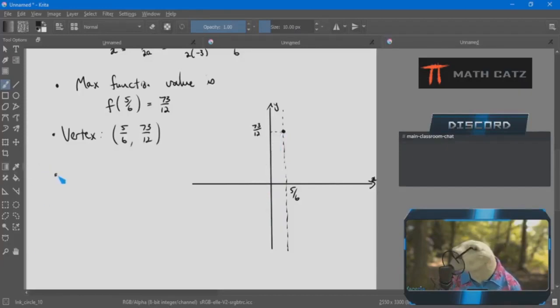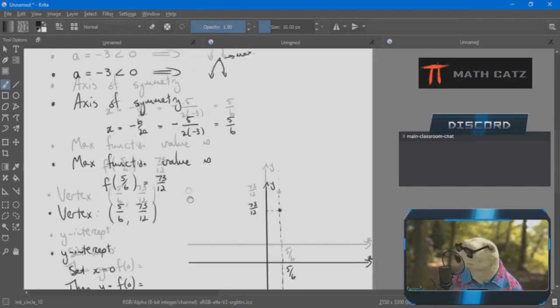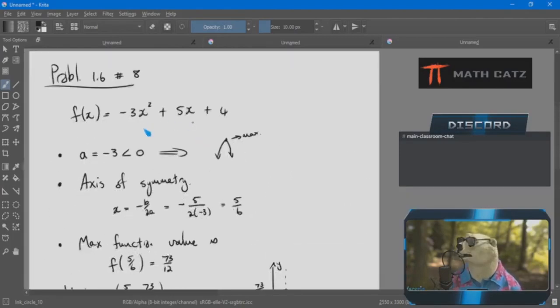So let's find the y-intercept. The y-intercept, of course, is just where I set x equal to 0. So that will be y equal to f of 0. And if I look at my function, if I have 0 for x, the first term falls away, the second term falls away, and that's always going to be the case.